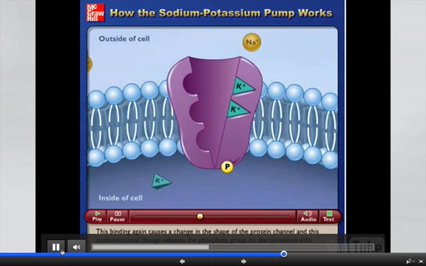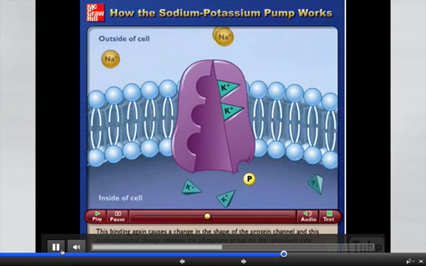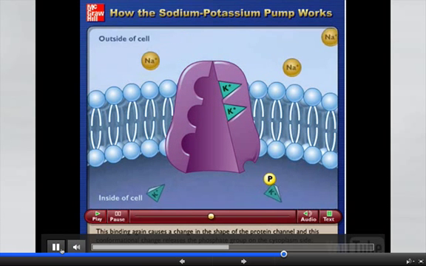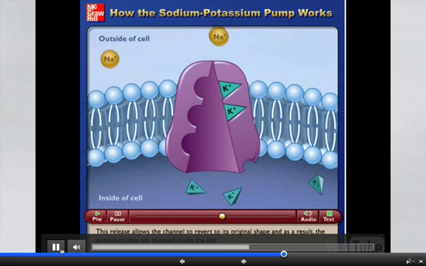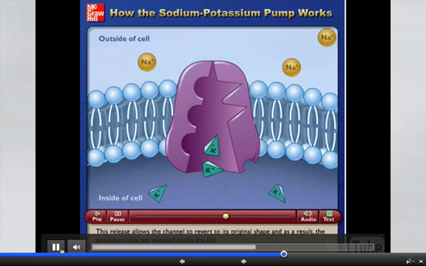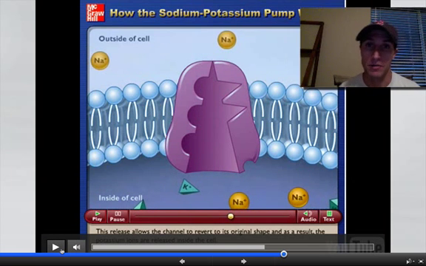This binding again causes a change in the shape of the protein channel, and this conformational change releases the phosphate group on the cytoplasm side. This release allows the channel to revert to its original shape, and as a result, the potassium ions are released inside the cell.